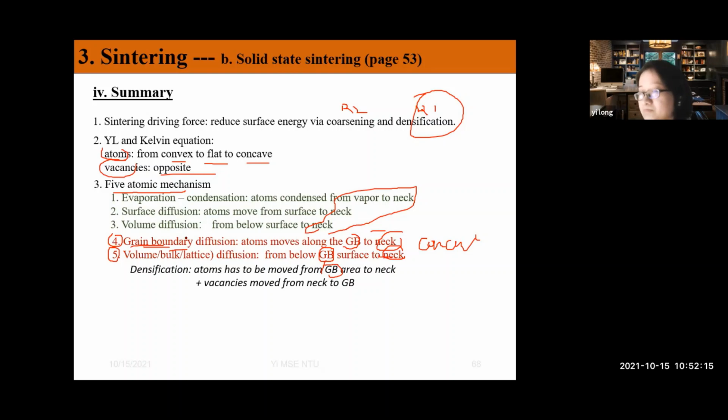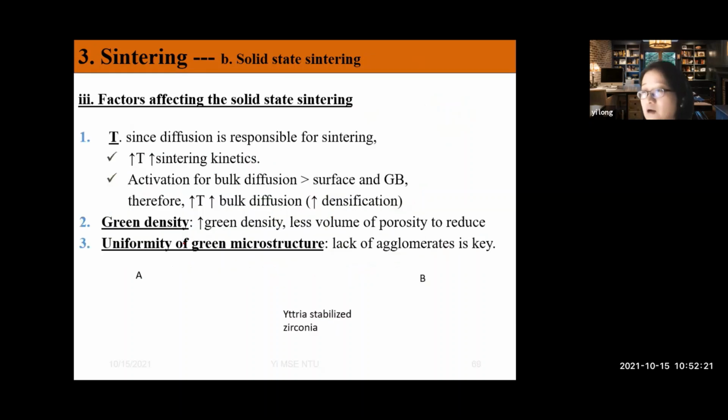Okay, so let's continue. So I give you some factors affecting solid state sintering, because this could be some common sense for you when you do your FYP. Okay, so that's what we said here already. So temperature is a very, very important factor here. Since diffusion is responsible for the sintering, because everything is about how fast the atom move from where to where.